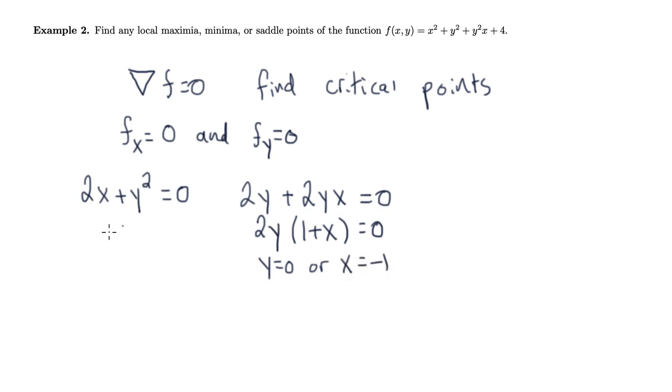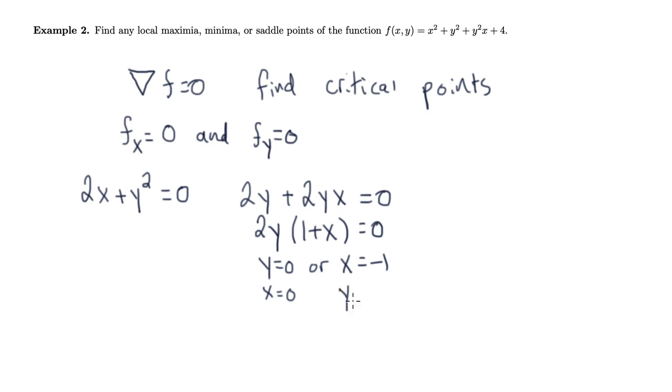So if y is 0, well then if I plug in 0 for y, I have 2x is 0. Well, that means that x is 0. And then what about if x is equal to negative 1? Well, I plug in negative 1 for x, and I'll add over 2, and so I'll have y squared is equal to 2.